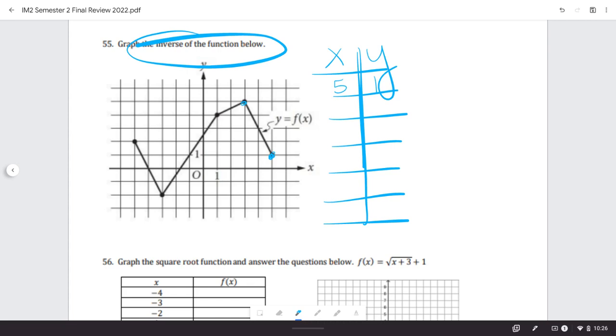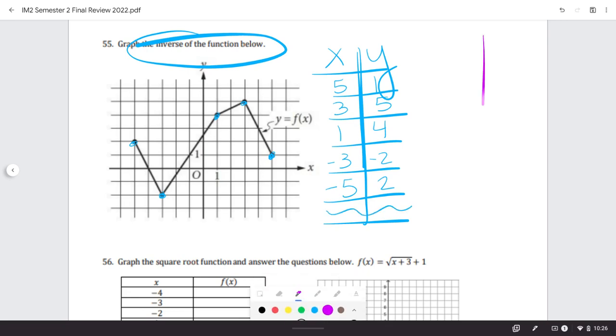And then 3, 5. 1, 4. Negative 3, negative 2. And negative 5, 2. And I don't have another point.